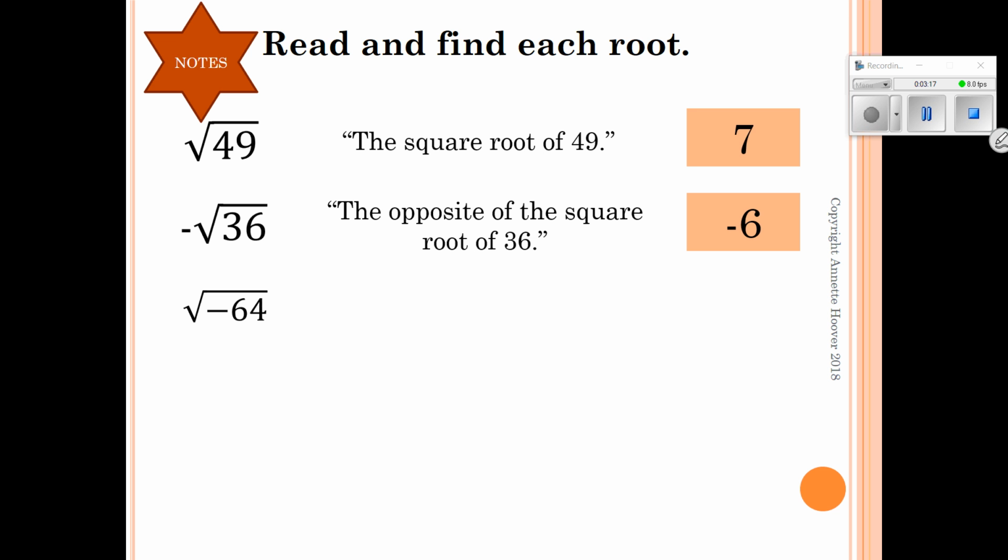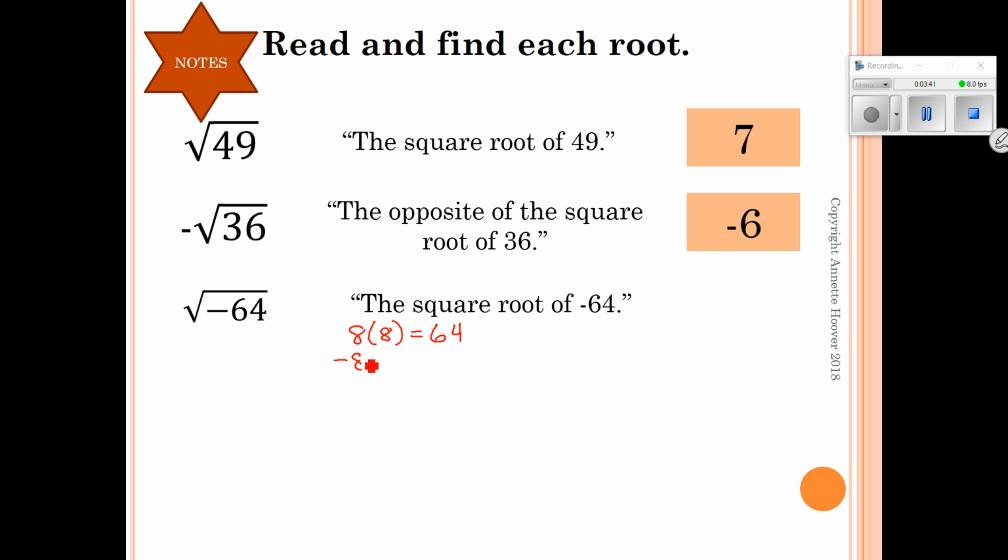In our next example, notice this time that the negative is underneath the radical sign. So this says the square root of negative 64. So if you ask yourself, what number multiplies times itself to get a negative 64? Well, if I go 8 times 8, that's 8 multiplied times itself, that's a positive 64.